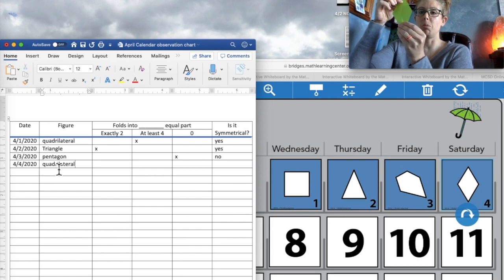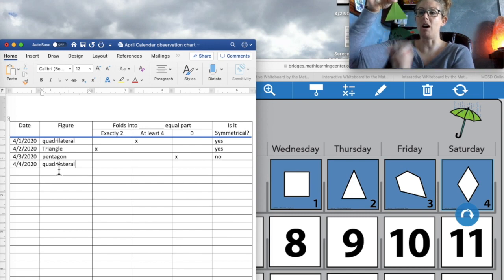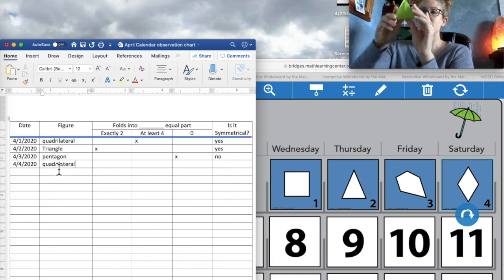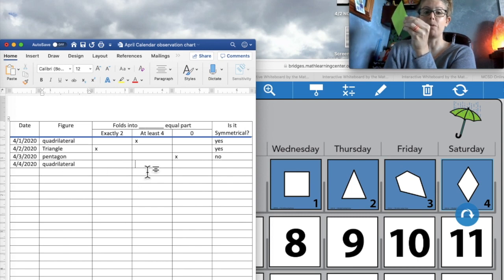Let's see if we can do it one more time from our bottom to top there. And looking there, I also have folding into equal parts. So let's count how many times that was. 1, 2, 3, 4. I have 4 fourths there. So it folds into at least 4 parts. I'm putting that X in our observation chart, at least 4 equal parts in there.